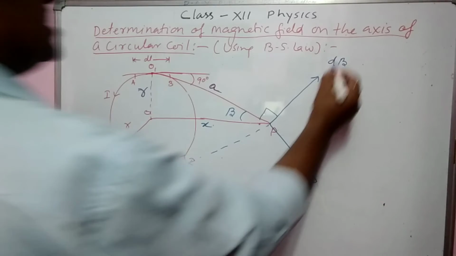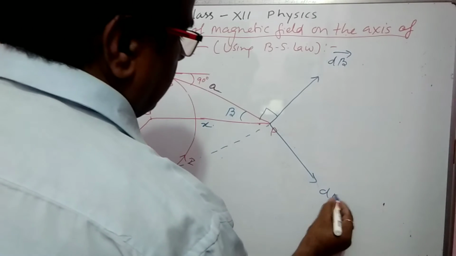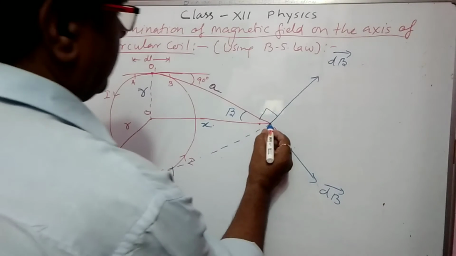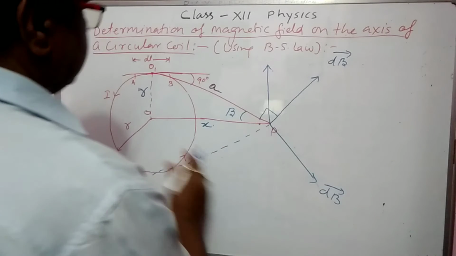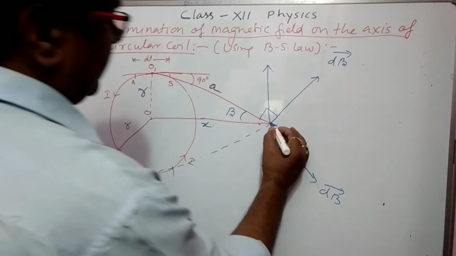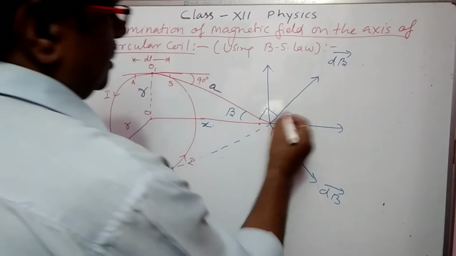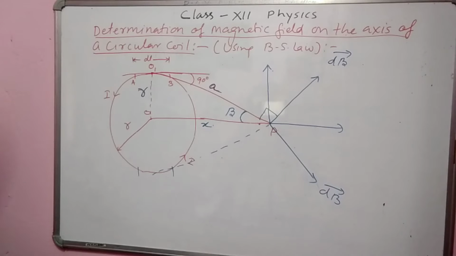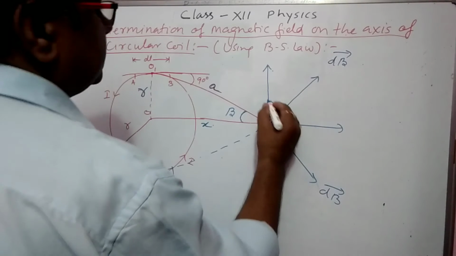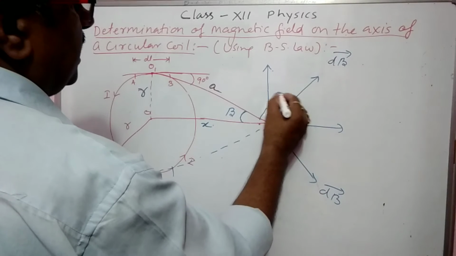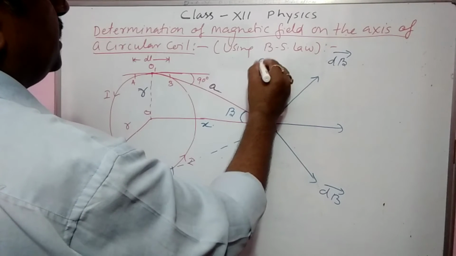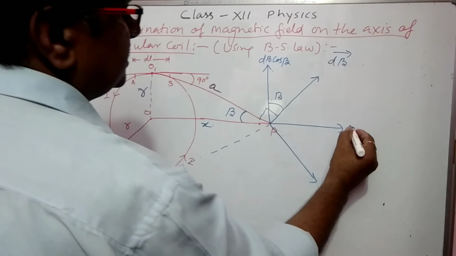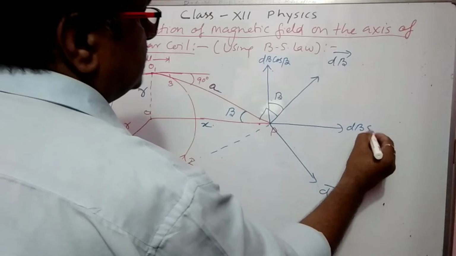As this is a vector quantity, we can resolve dB into two mutually perpendicular directions: one perpendicular to OP, and the other along the direction of OP. As this angle is beta, that angle will also be beta, and therefore this component will be dB cos beta, and along this direction it will be dB sin beta.